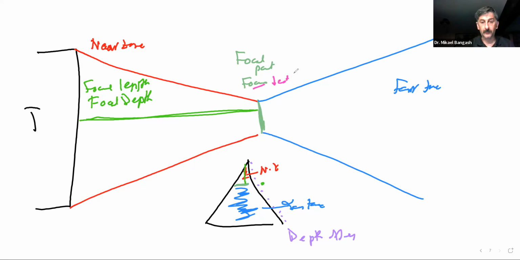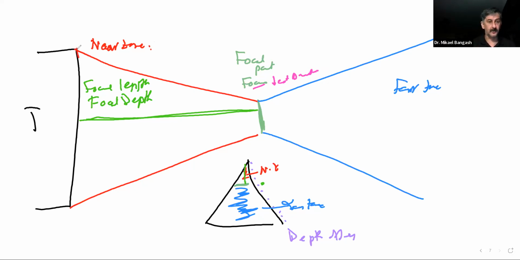Where the beam reaches its narrowest diameter. Practically speaking, this near zone here can be measured in terms of distance or area, right?